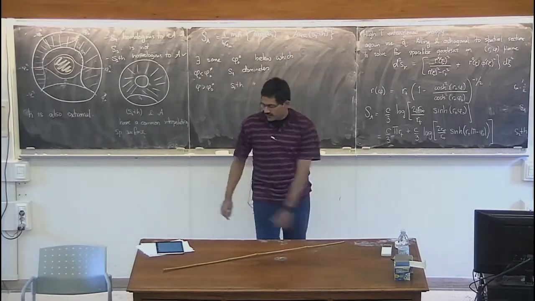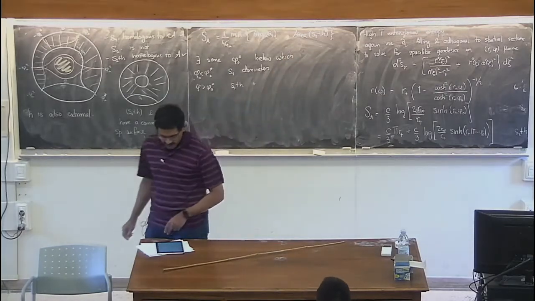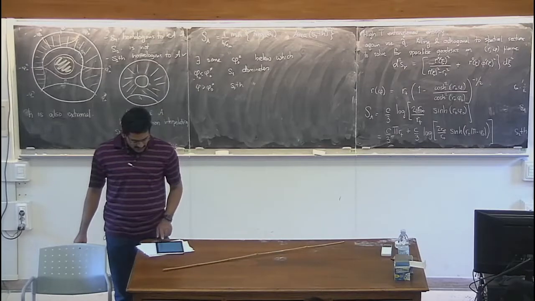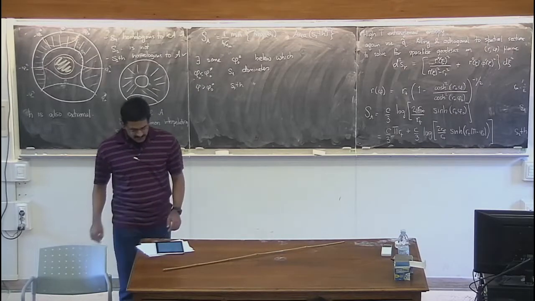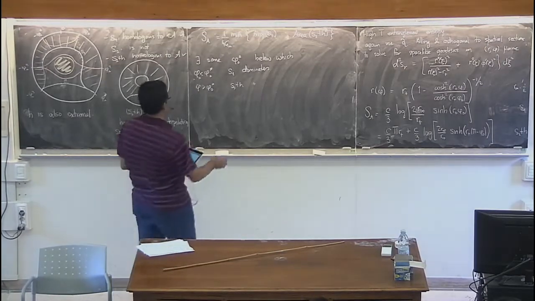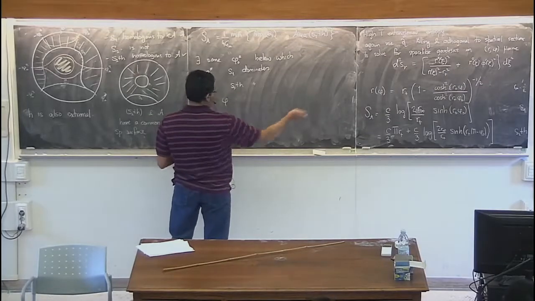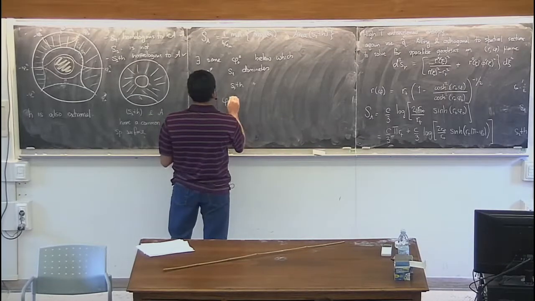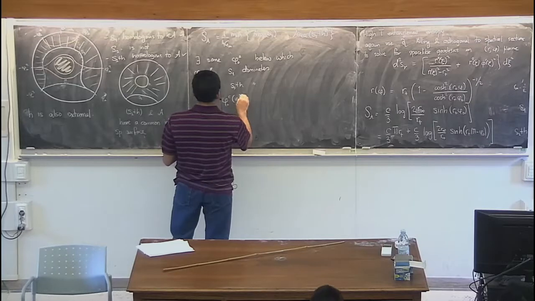Dominates meaning it minimizes this expression. You can work out what phi critical is. You just have to equate those two expressions. So here's the answer. It's a function of the horizon size.